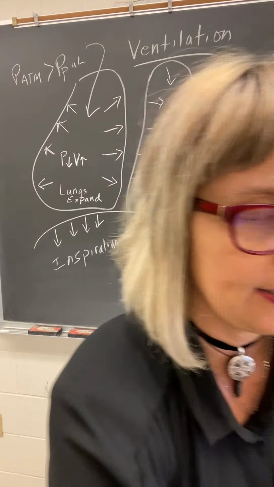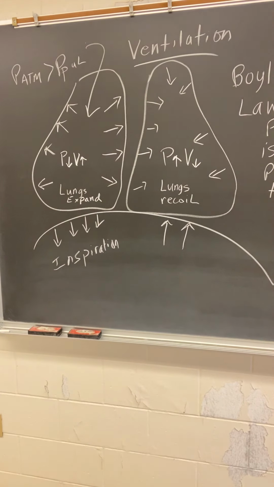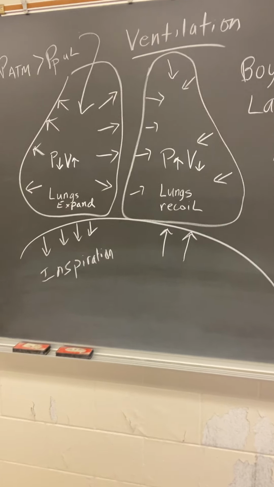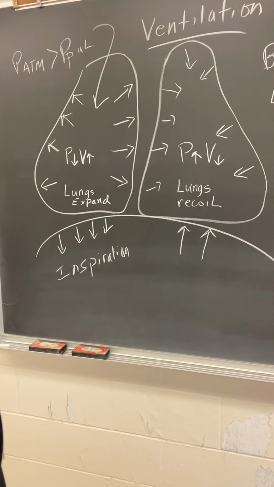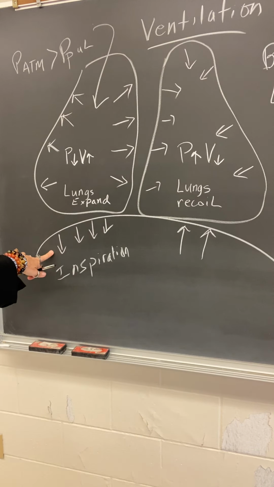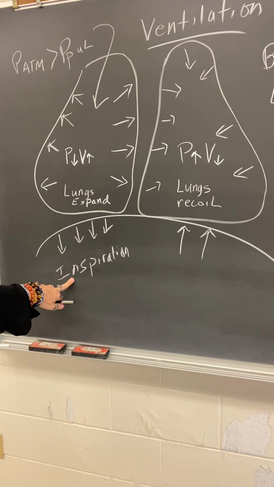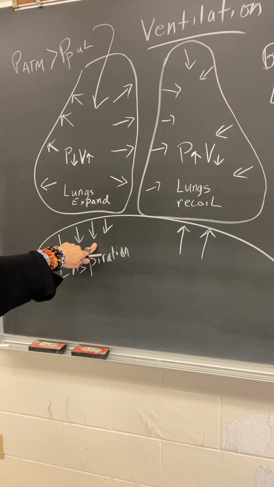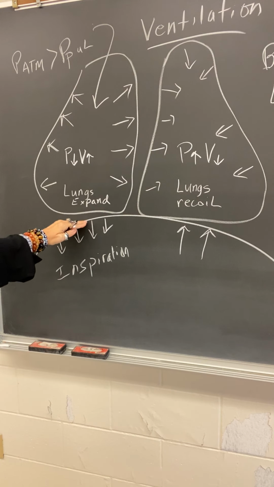With that said, I'm going to show you the blackboard because I really want to make sure that you understand this. On this side over here, we have inspiration, and the diaphragm is going down. That's why you see the arrows going downward. So the diaphragm drops, the lungs expand.